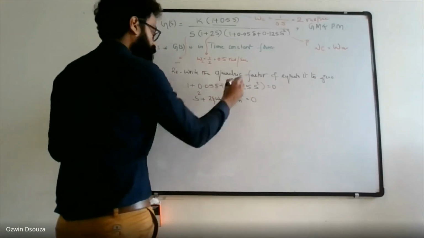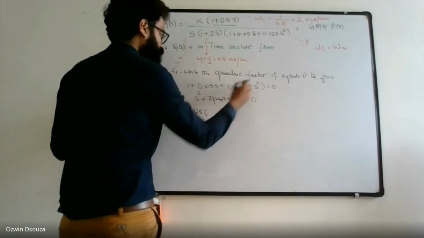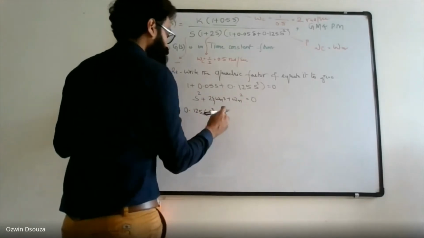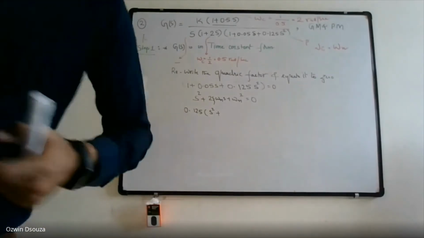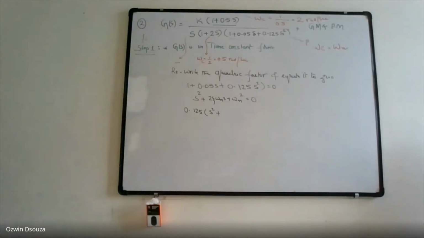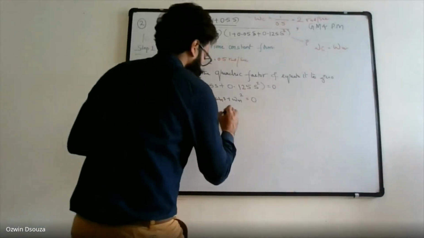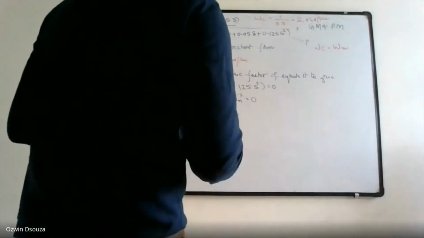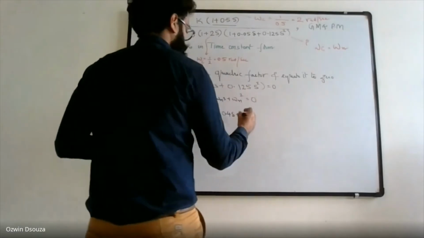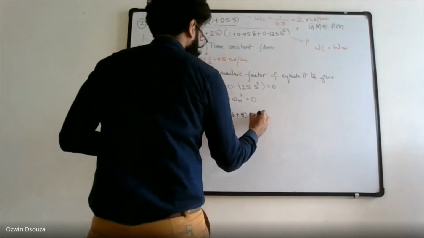We get s squared plus 0.05 divided by 0.125, that's 0.4, s plus 1 by 0.125, that's 8, is equal to 0.